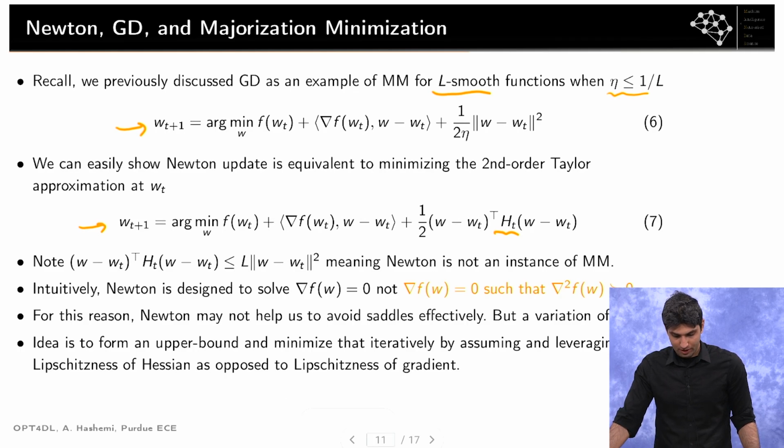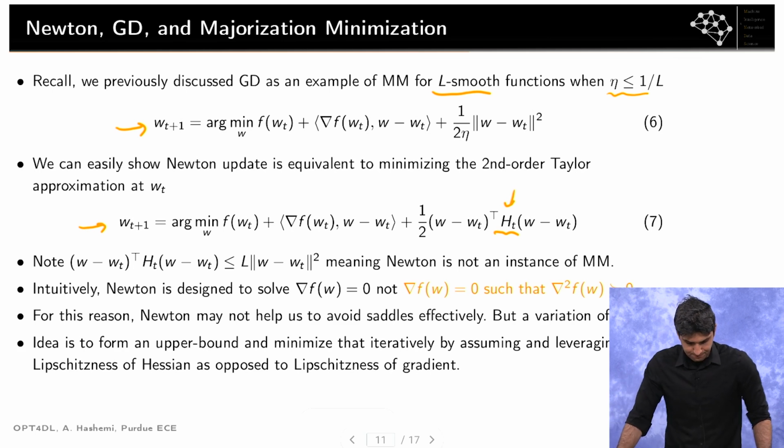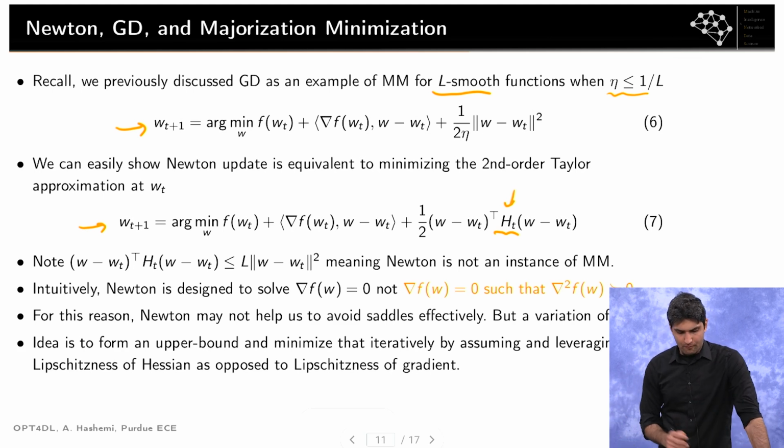On the other hand, it may not necessarily be true, because depending on the Hessian, this quadratic function could be convex or non-convex. So the Newton update can be derived from this equation by simply taking the gradient and setting that equal to 0.